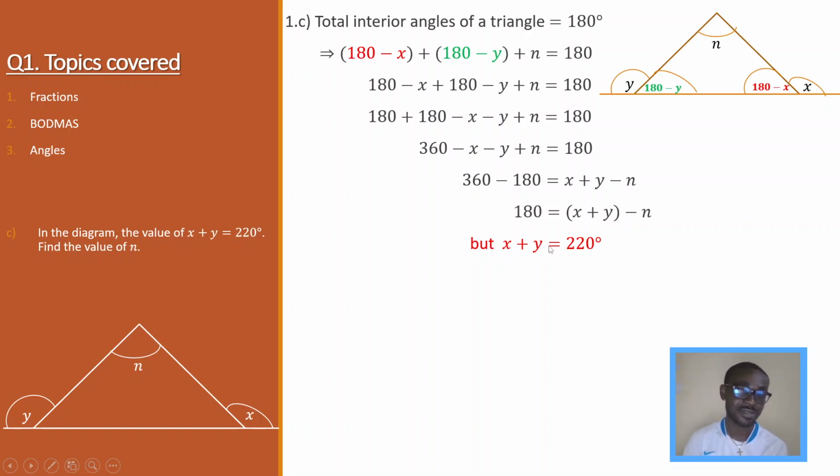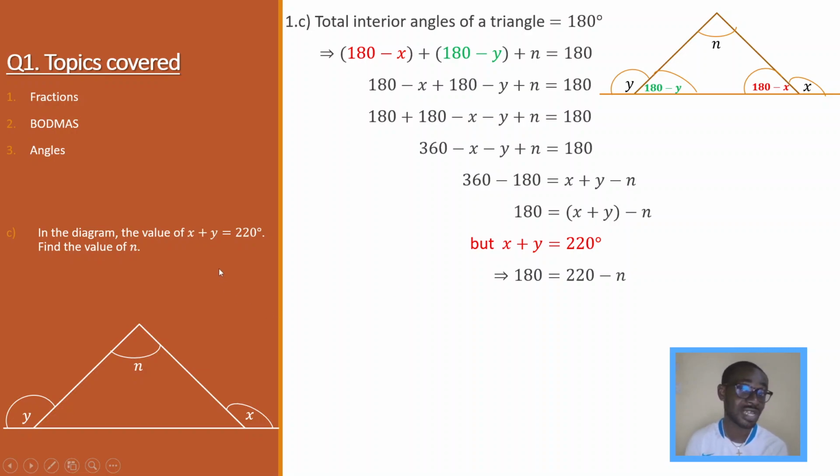So all that we do is, wherever we see x plus y, we just substitute 220 degrees there. And that is what we have done here. We have replaced x plus y here with 220. So we have 180 degrees is equal to 220 minus n.